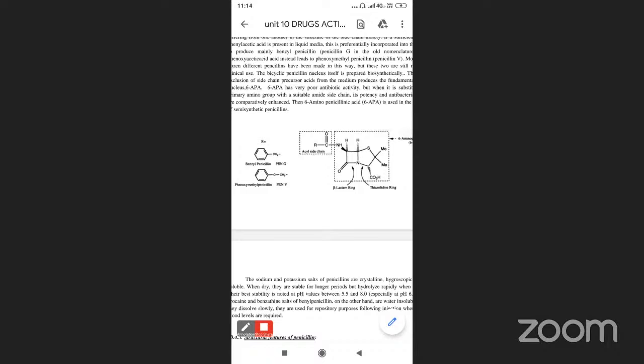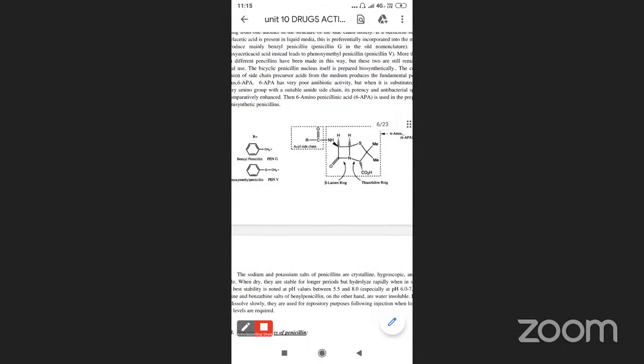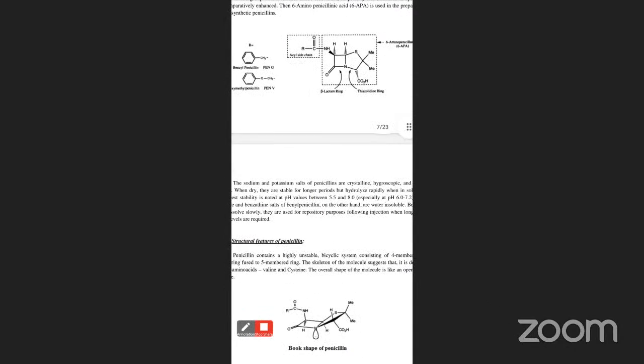And if R is a phenoxymethyl group, then it is phenoxymethyl penicillin, or penicillin V. So when the R is a benzyl group it is penicillin G, and if it is a phenoxymethyl group, then it becomes penicillin V. So these are the different types of penicillins.